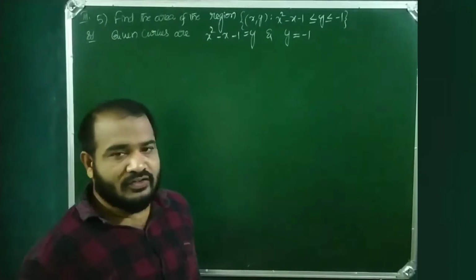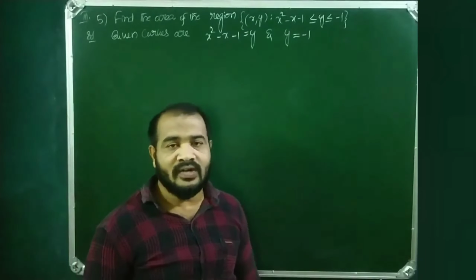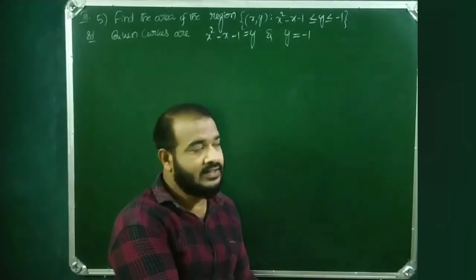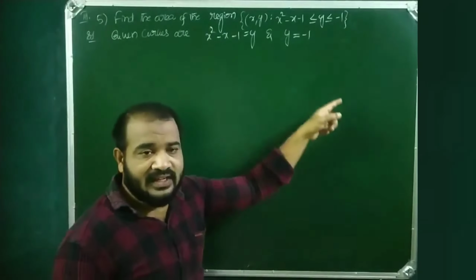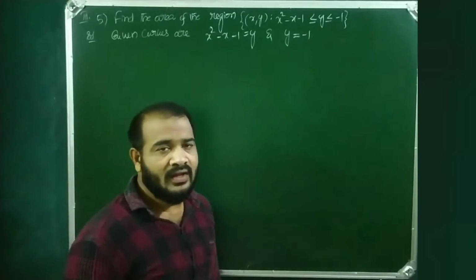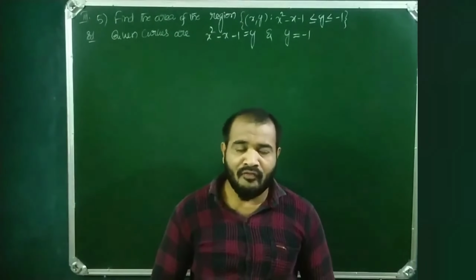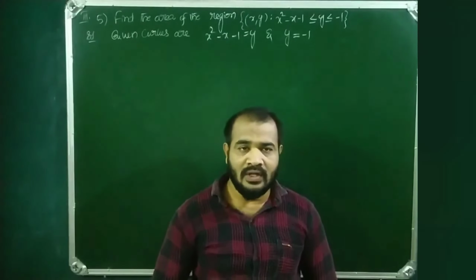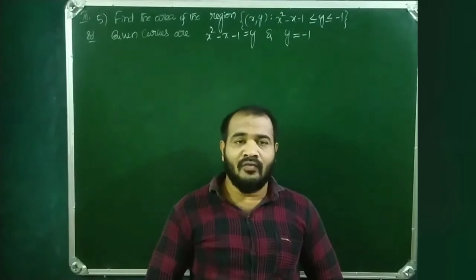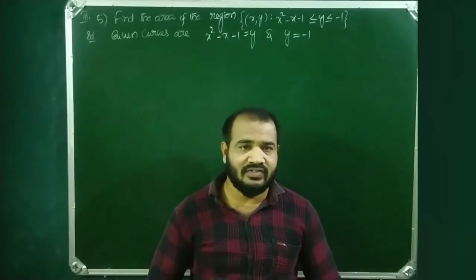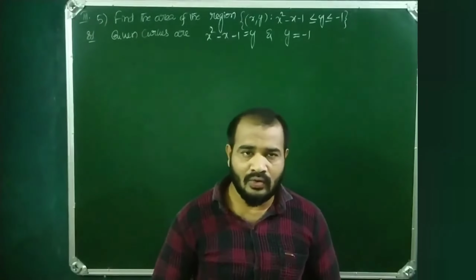So x square minus x minus 1 equals y is a parabola, whose vertex we don't know, which we need to find out first. And where it cuts the x-axis or y-axis we need to find out. If you want to know where the parabola cuts the x-axis, simply substitute y equals 0. And if you want to know where it cuts the y-axis, simply substitute x equals 0. In this way, we need to do.